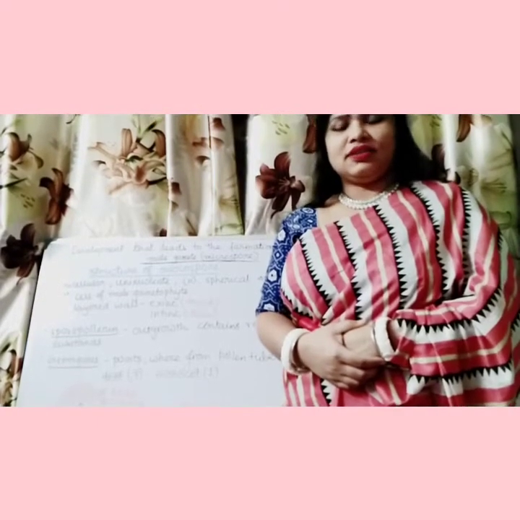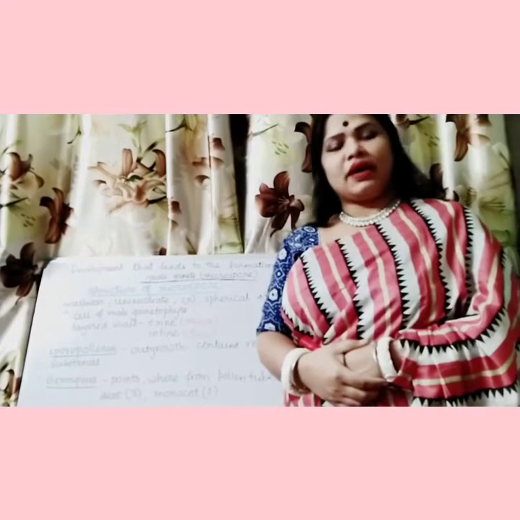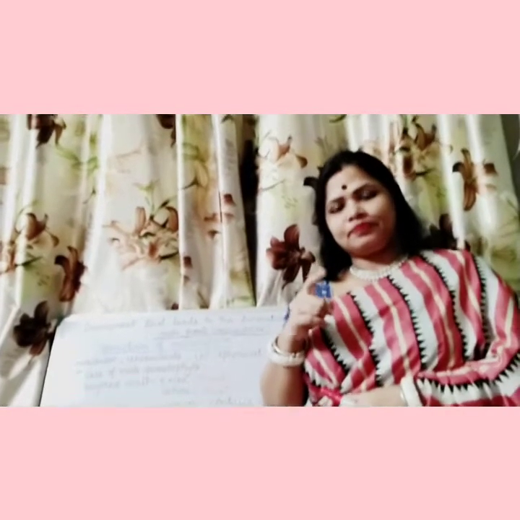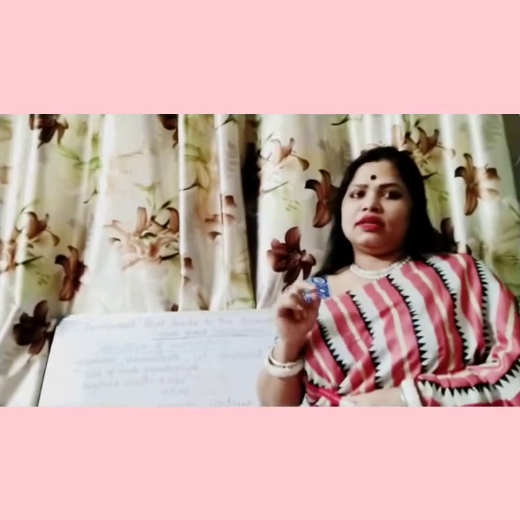Now I will discuss the structure of pollen grains, means microspore. This microspore or pollen grain is uninucleated, means only one nucleus is present. Unicellular, only one cell. It is haploid, chromosome number is n. And this is the first cell of the male gametophyte.